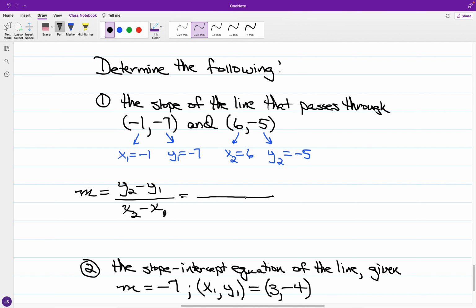And again, substituting, we have y of 2 at -5, so we have -5 minus y of 1, which we have at -7. Now for x of 2 minus x of 1, x of 2 we have at 6, minus x of 1, so we have minus -1.